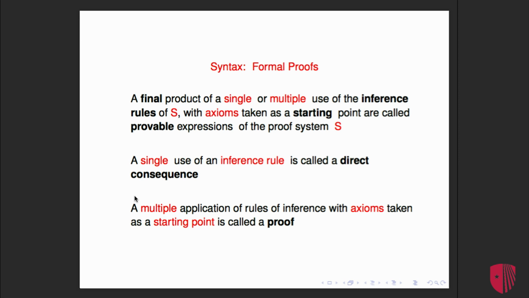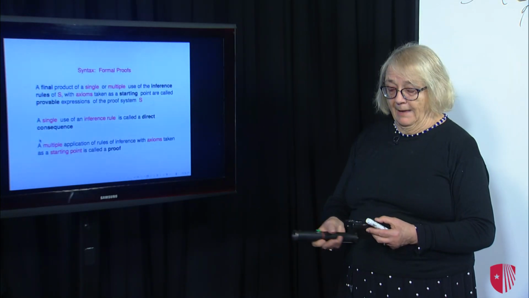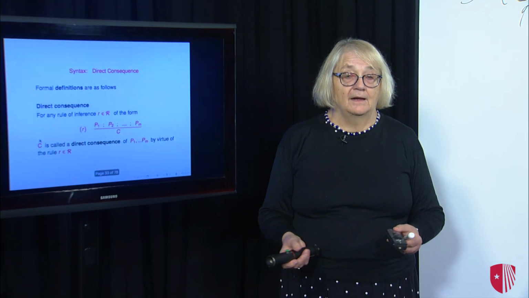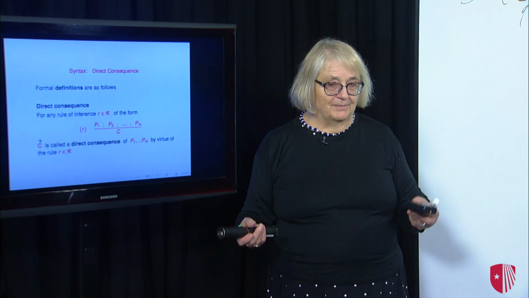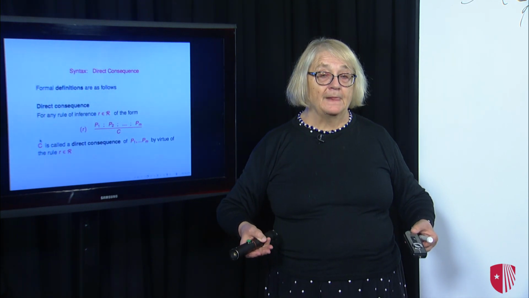New word: a single use of an inference rule is called a direct consequence. And multiple application of rules of inference with axioms as the starting point is called a proof. What does it mean, multiple application? That would be a formal definition of formal proof.